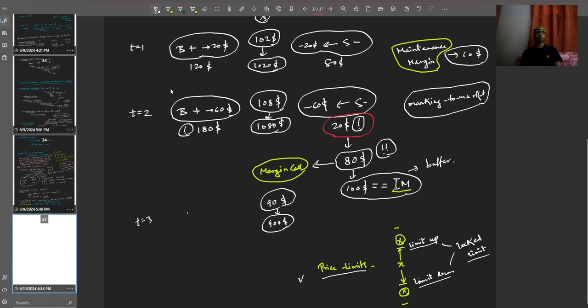Now, what happens to the buyer's account? He was plus 180. Now he is minus 180. Straight away he has become minus 180. So his balance is 0. Right? Now what happens to the seller? For the seller it's a plus 180.